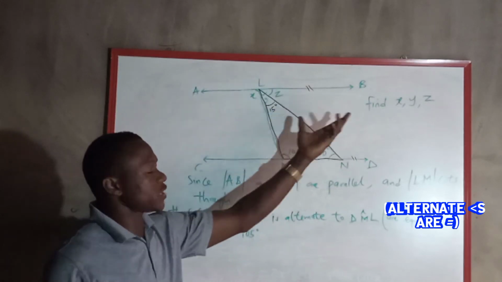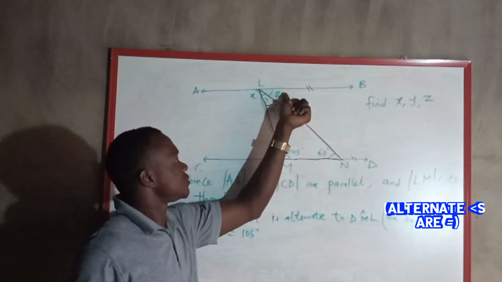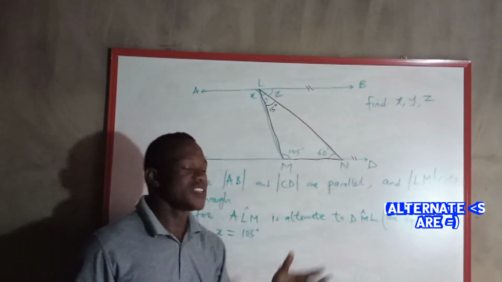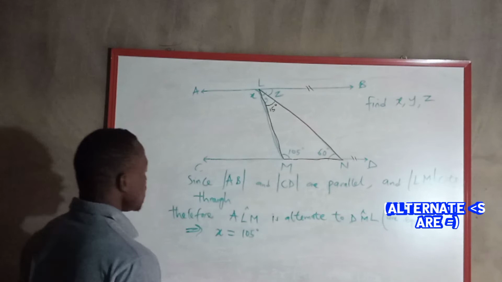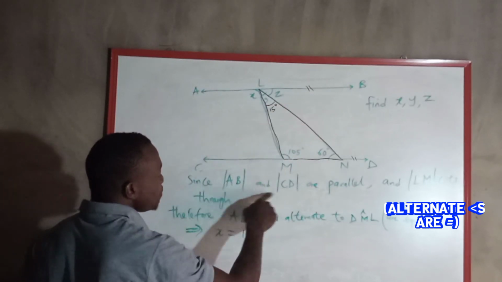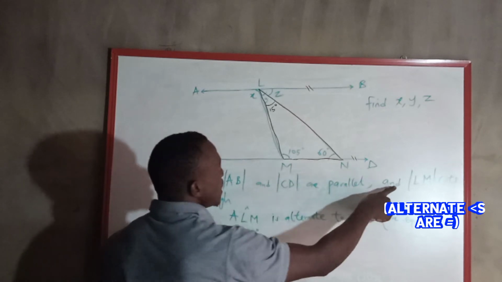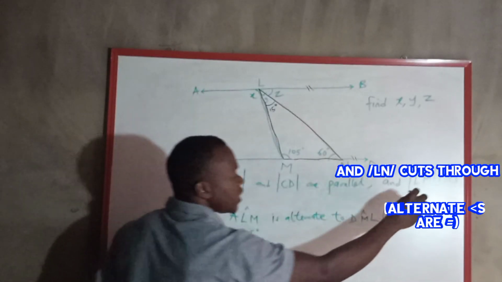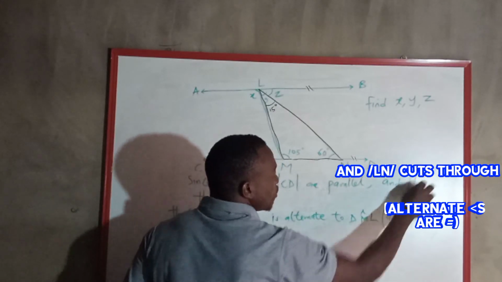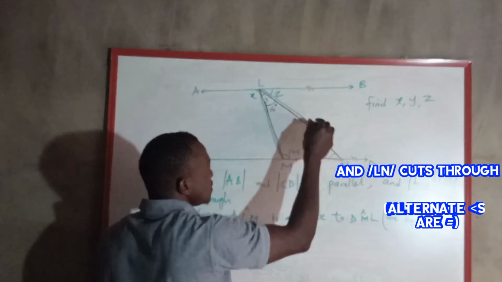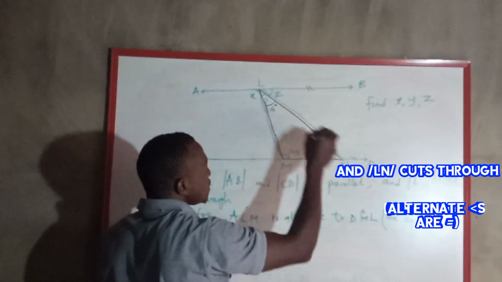So if you say alternate angles are equal, what will be our Z? Z is alternate to what? 60 degrees. So you see it, Z is also equal to 60 degrees. We can now do the same thing, that since AB and CD are parallel lines and LN, this will now become LN because we're now considering this third line here, which is LN.